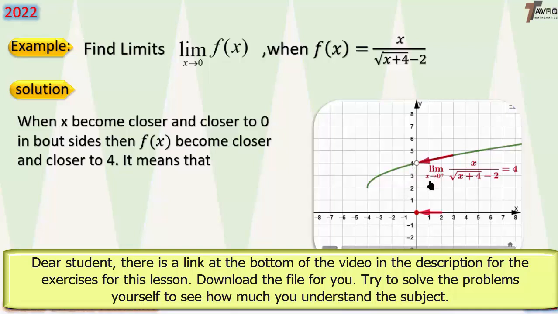That means the limit as x approaches 0 from the right for the function is equal to 4. And when we approach 0 from the left, the value of f(x) approaches 4 too. That means the left limit is 4. Therefore, the limit is equal to 4.